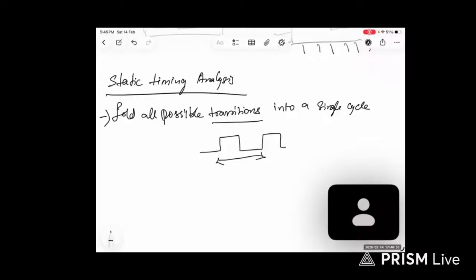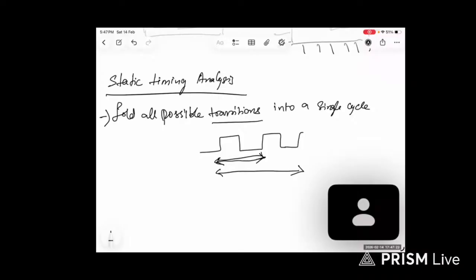When you are able to meet timing in one particular clock period, in a single cycle, then it is obvious that the next cycle also you'll be able to meet the timing. If I consider 2 cycles, then I really don't know whether I'll be able to meet the timing in the first cycle, or in the third cycle.